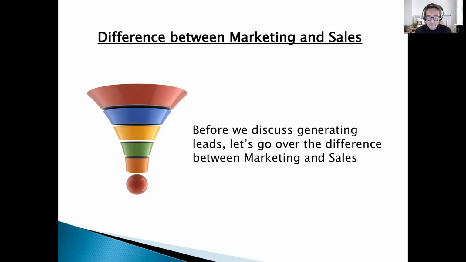But one thing I want you to understand is that marketing and sales are two different things. Marketing is how you promote yourself to generate the lead, and sales is actually converting that lead into business. The skill sets required for those two are very different.